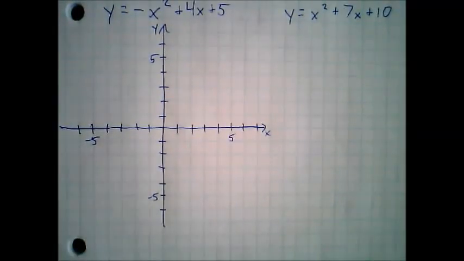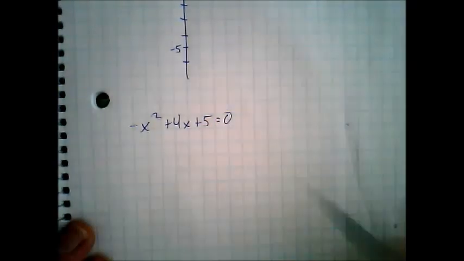Okay, so I'm just going to work underneath my graph, and we'll come back up when we need to plot our points. So you want to factor. So we have negative x squared plus 4x plus 5. We want to know when this equals 0. When is this water balloon going to be on the ground?